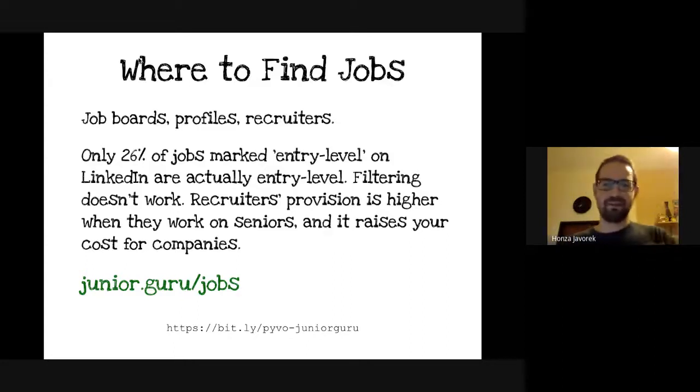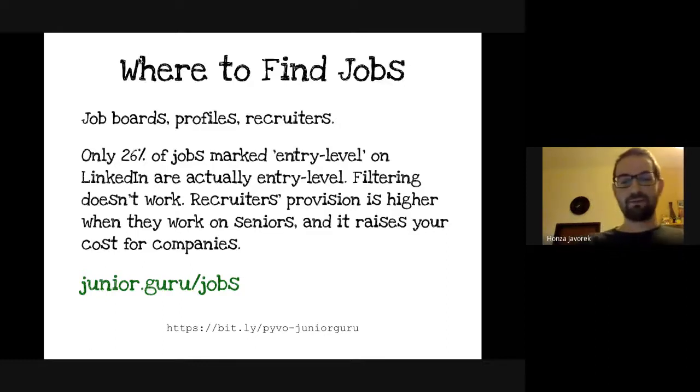But the other kind of recruiters are standalone or agencies, and those work in a way that you approach them and they try to help you and find you a job. And you don't pay for that. They take provision from your salary when you get a job.